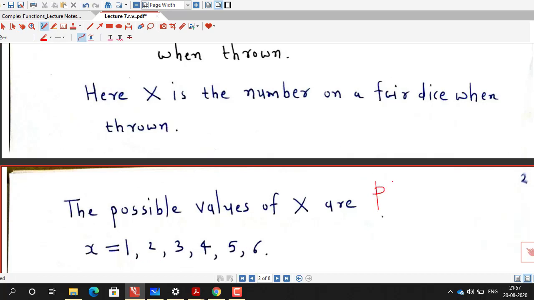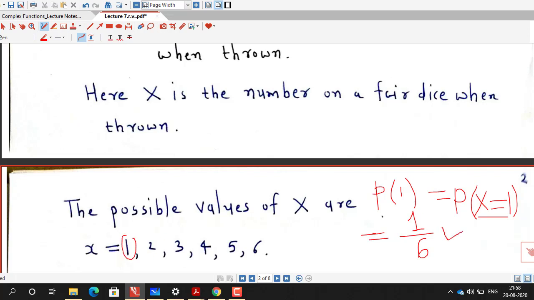Suppose I want to find the value of probability mass function at x equal to 1, then by definition it is the probability of the event capital X equal to 1, that means 1 occurs when a die is thrown. The total number of possibilities is 6 and the outcome in favor of 1 is only 1. So the probability corresponding to small x equal to 1 is 1 by 6.